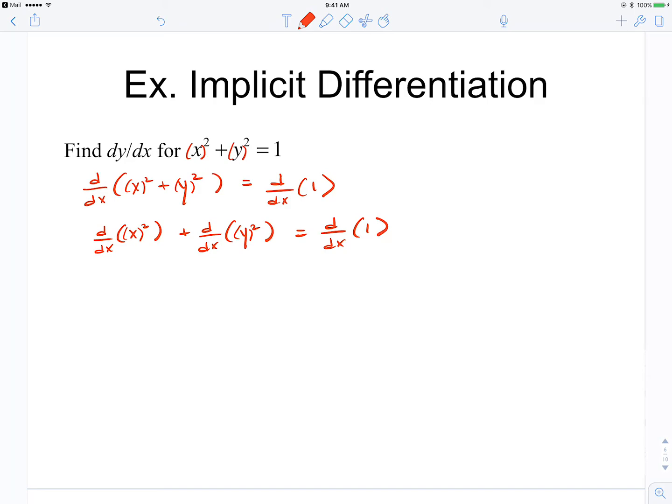Okay, so to differentiate the first term, thinking chain rule, we take the derivative of the outside, so that will now be raised to the first power. We leave the inside function alone. And now we differentiate the inside with respect to x, which would be dx over dx. And you can see that dx over dx is just going to be 1.